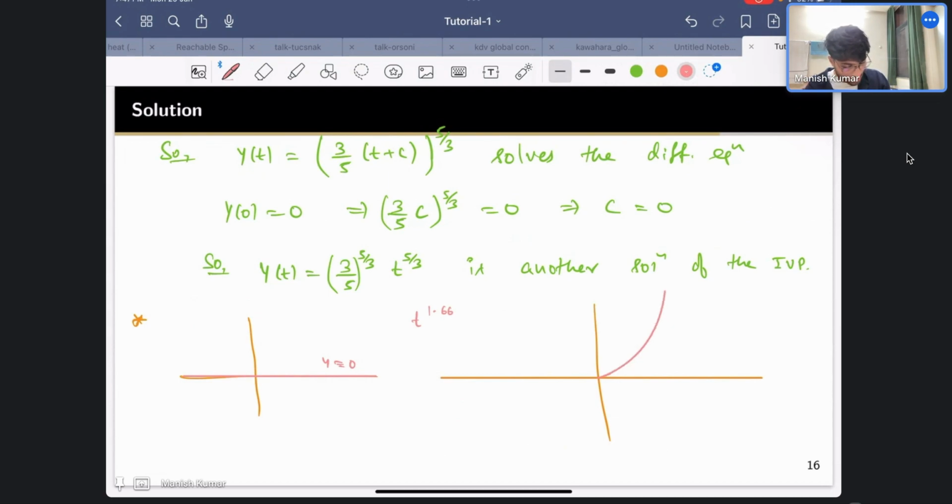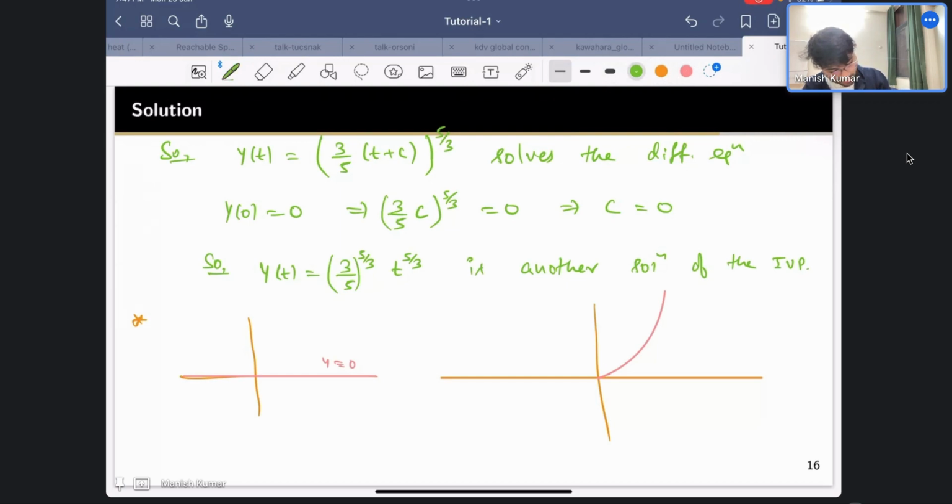And for negative, I'm not sure how this will look. Let us just consider t greater than 0 for simplicity.